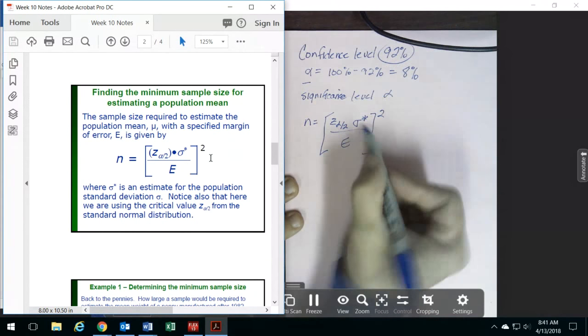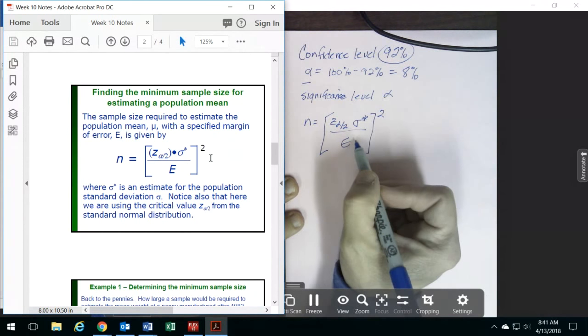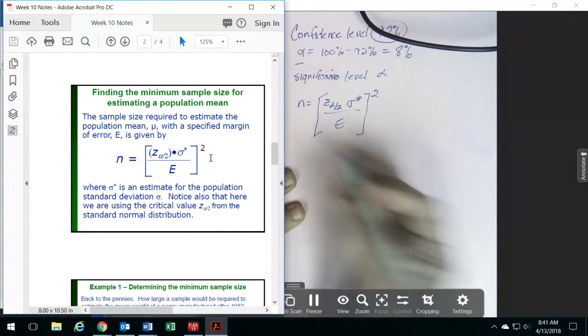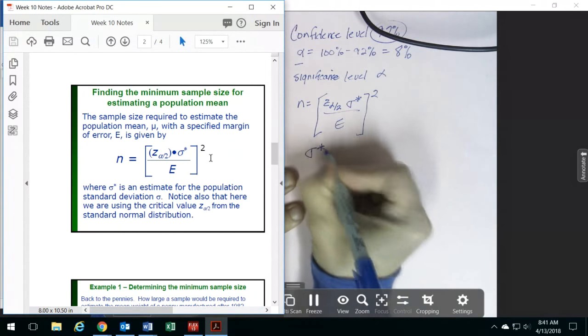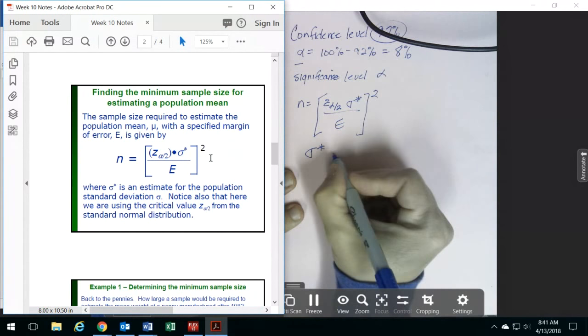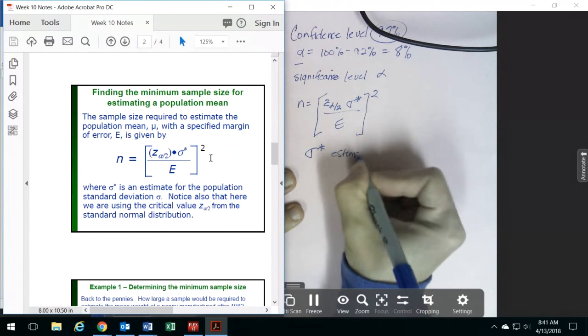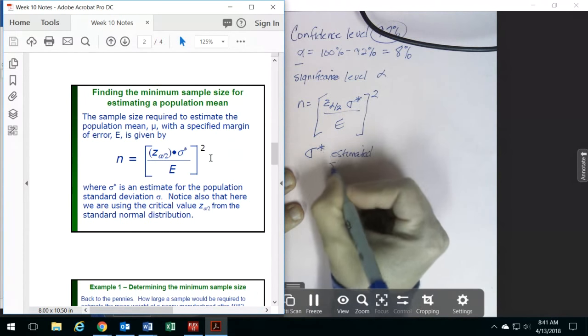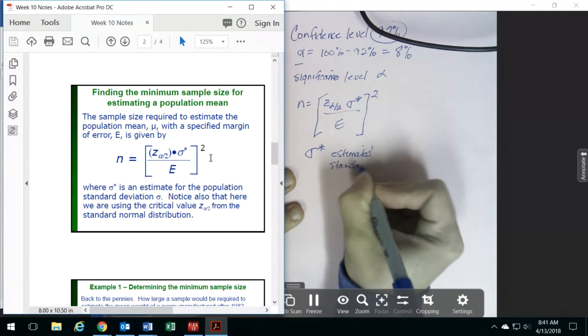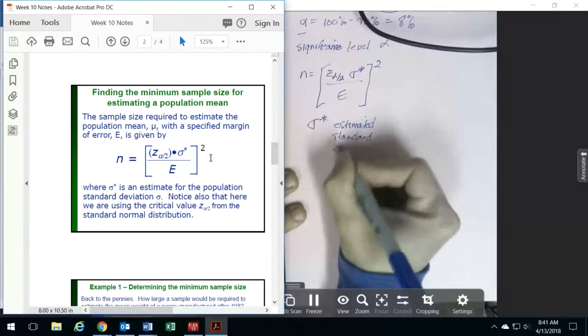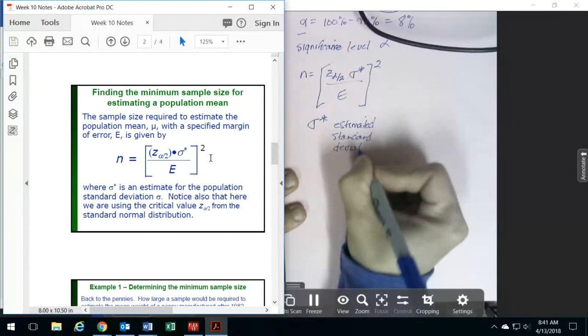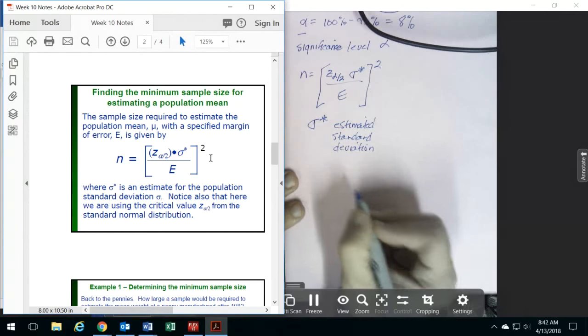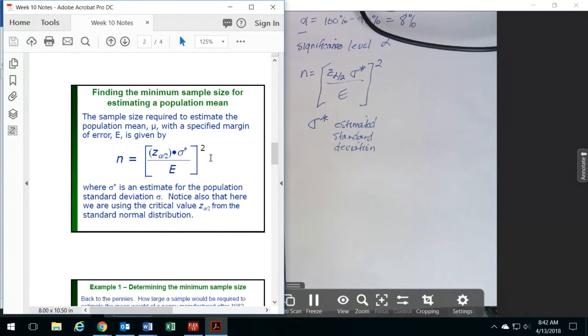But I've also had a lot of questions about these other 2 things in the formula. So this sigma star is an estimated standard deviation. And for this, you don't really have an idea what the salaries might be.